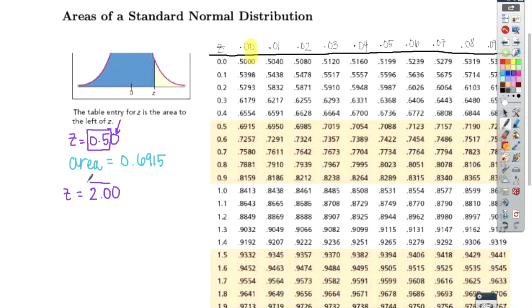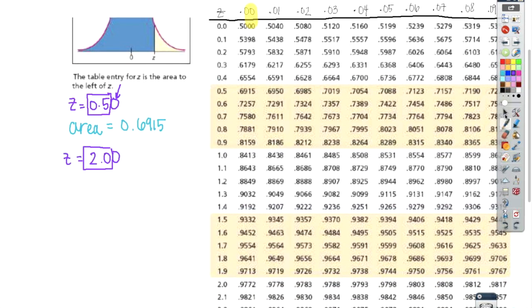So again, I'm just going to use these first two, the ones place and the tenths place, on the left side of my table, and I notice that they are right here. And then 0.00 tells me I'm still in this first column. There's my hundredths place, and 0.9772 is the area. Okay, so I have my two areas, and I'm going to take those back to warm-up problem number 1.